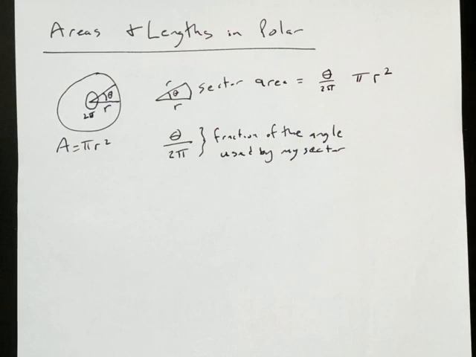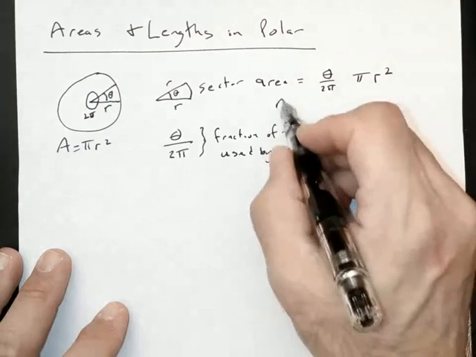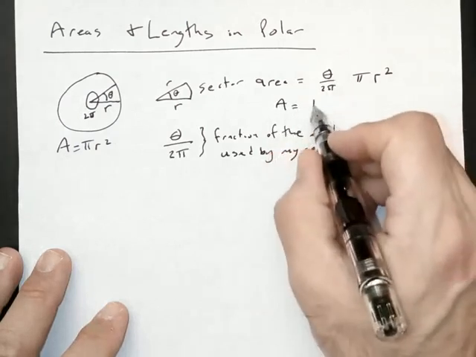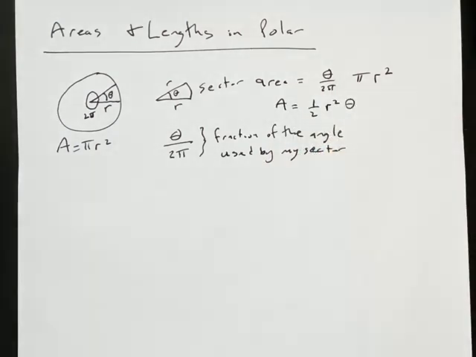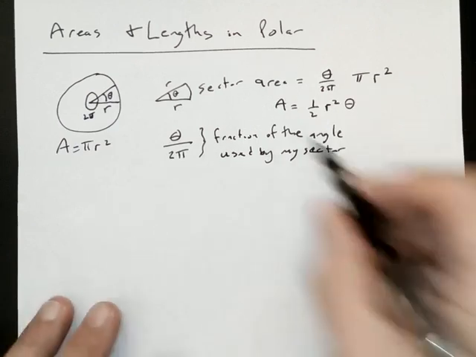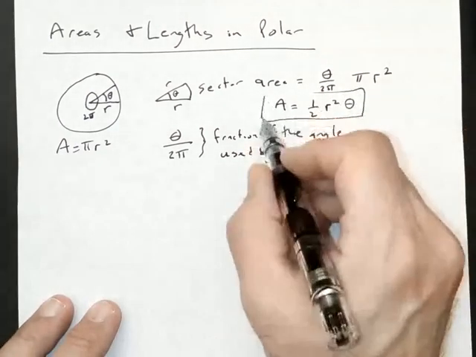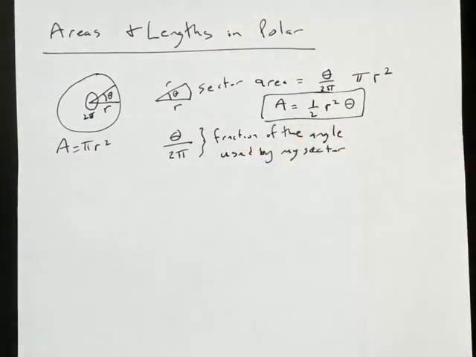Pi's cancel, and I get the area of my sector is 1/2 r squared and theta multiplied together. Okay. So what?